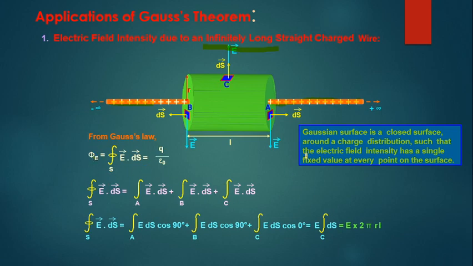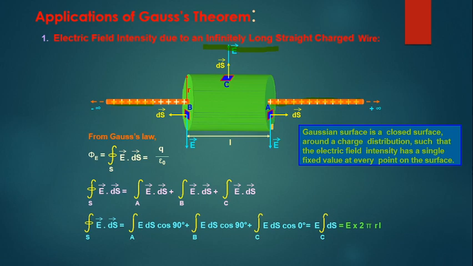The Gaussian surface is a closed surface around the charge distribution such that the electric field intensity has a single fixed value at every point on the surface. The integral of E dS over the closed surface has three parts: surface A, surface B, and curved surface C. The electric field on surface A due to this charge is perpendicular to dS, since the field is directed away from the positive charge.